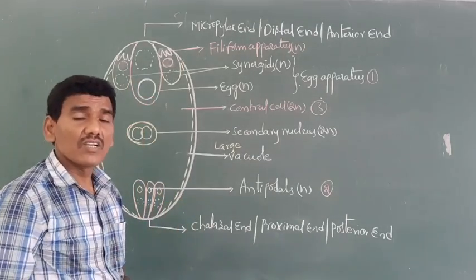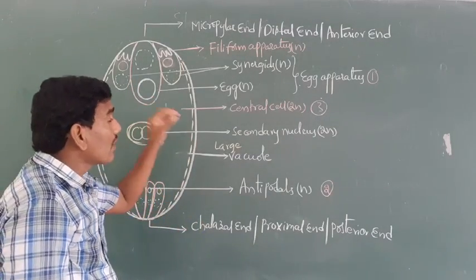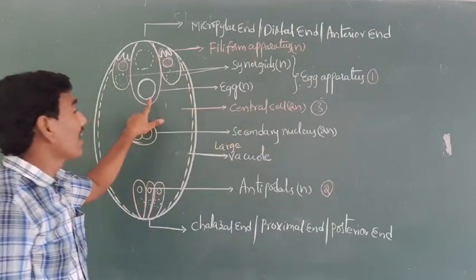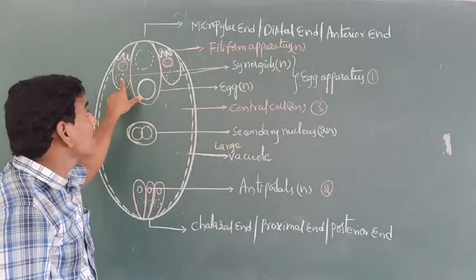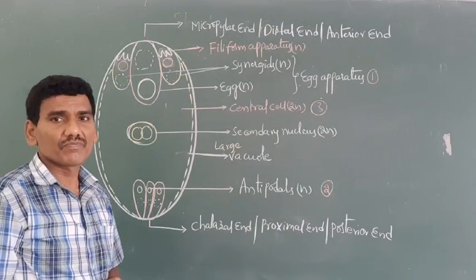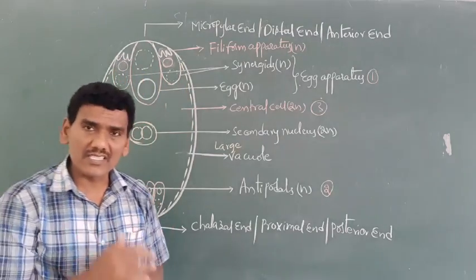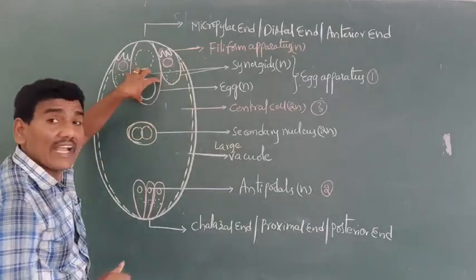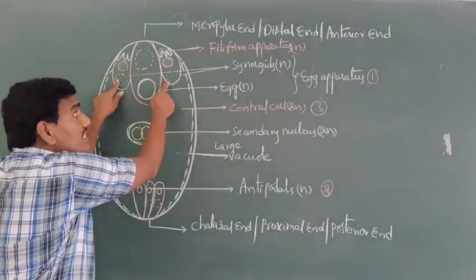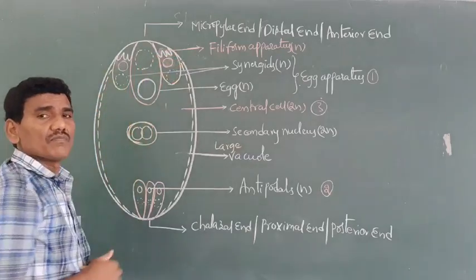The middle largest cell of the egg apparatus is egg. Either side of the egg, two synergids are present. Here one important point is, if egg cell is located upside, the synergids are located to downside.